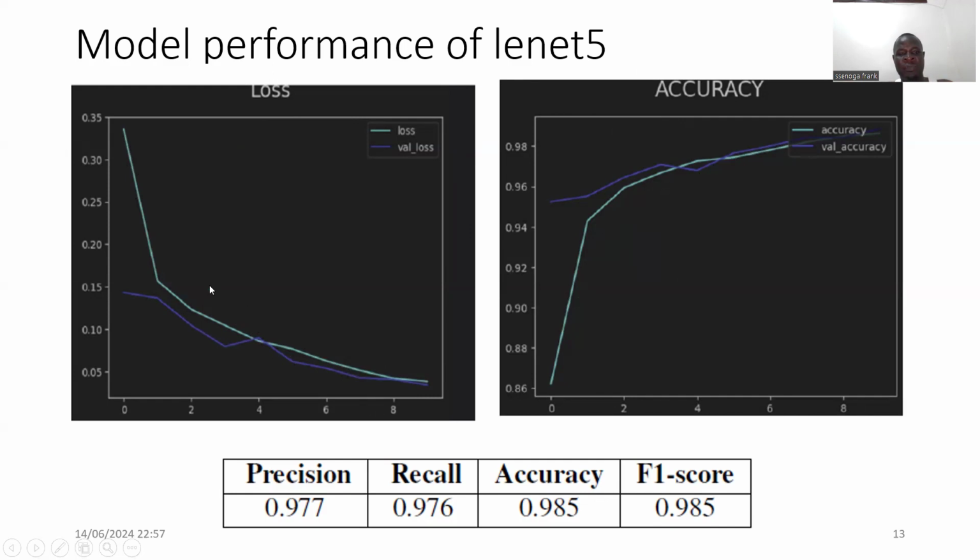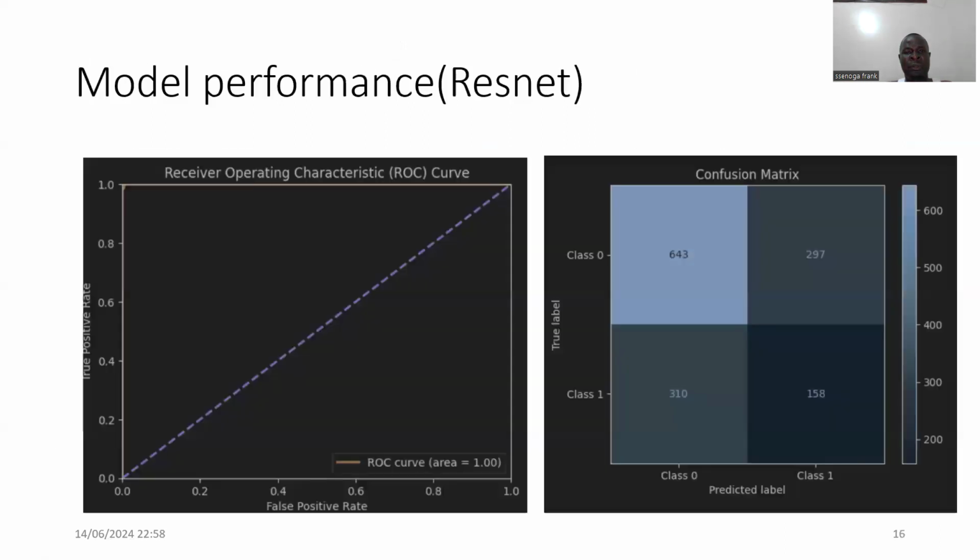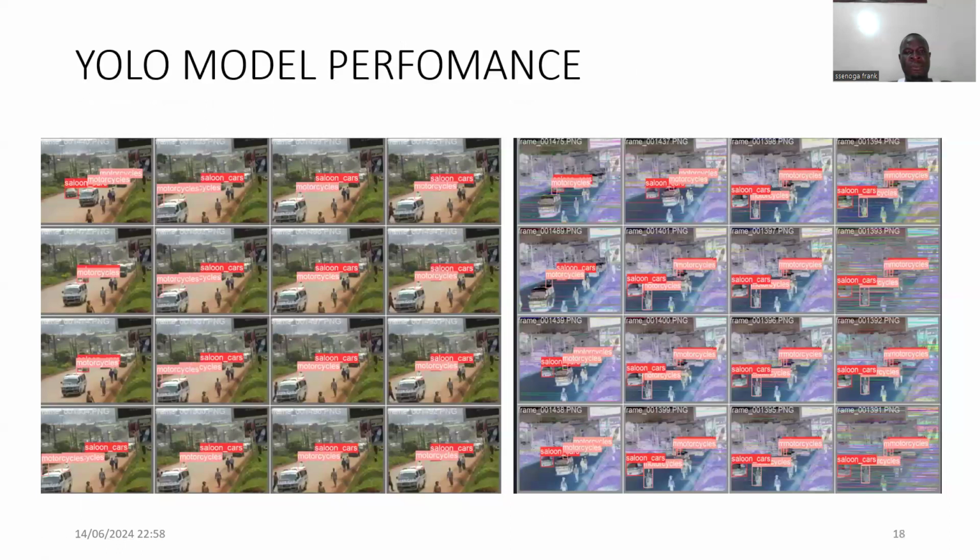Then ResNet was a great model that performed well, even ResNet-5 performed well, and even this one. Actually, the 3 models performed well, but the problem is with the other model, GoogleNet.